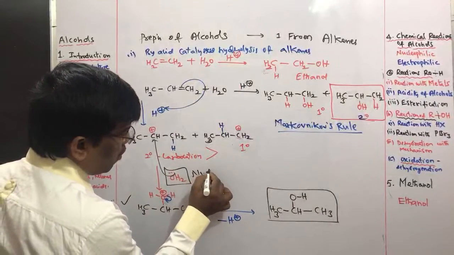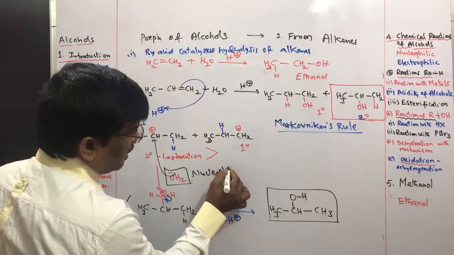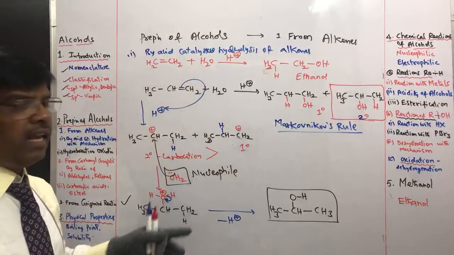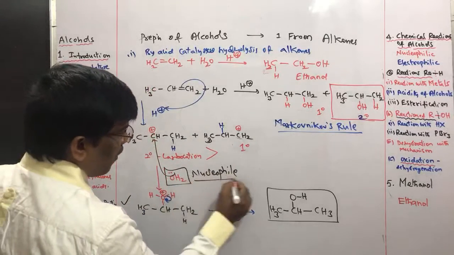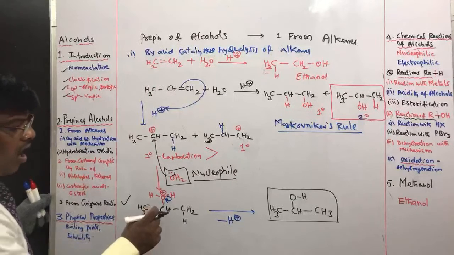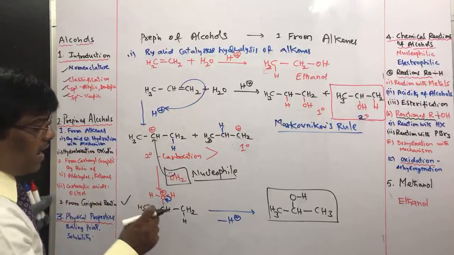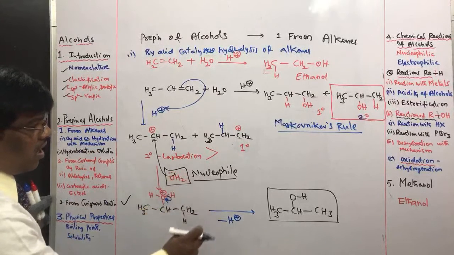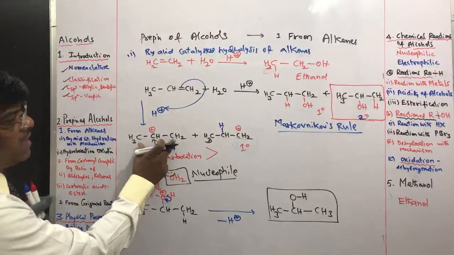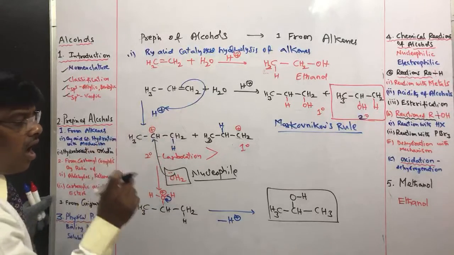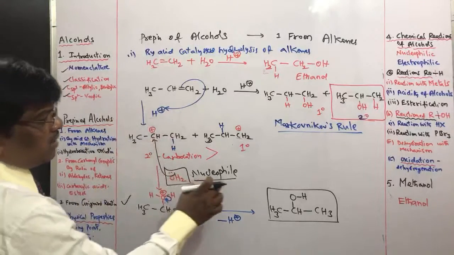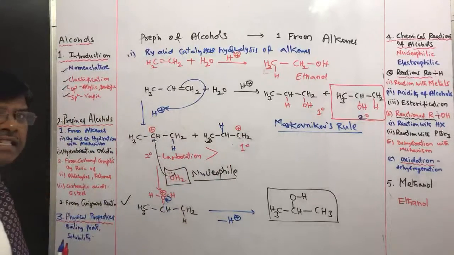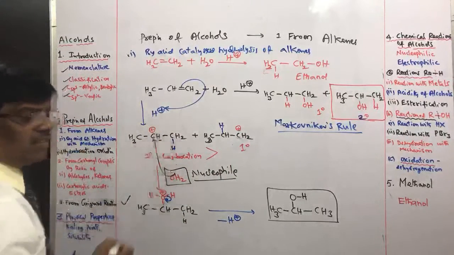Markovnikov's rule says that during the electrophilic addition to an alkene, the incoming nucleophile adds to the carbon which is highly substituted with carbons, or you can say in other words, the incoming nucleophile adds to the carbon which is less substituted with hydrogen.